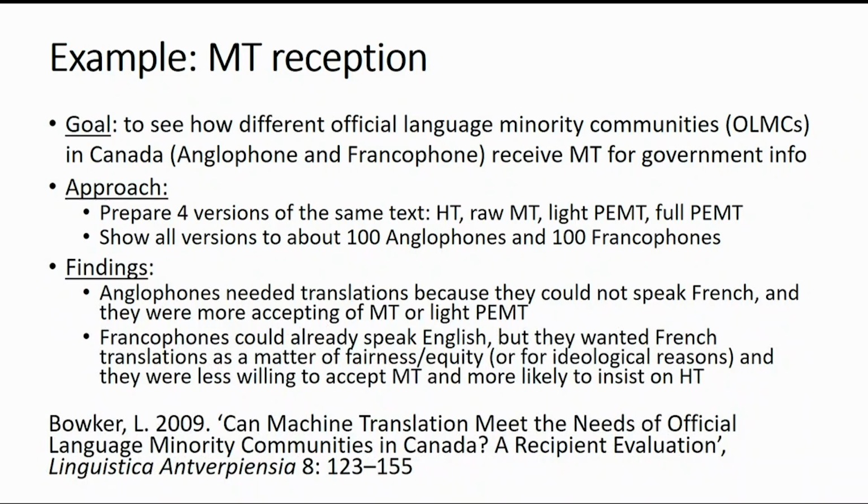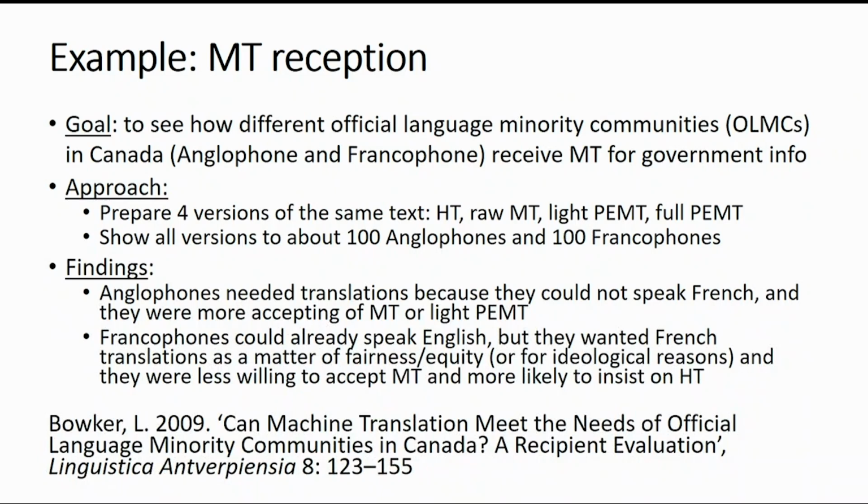In fact, I gave them 4 different options. They had human translations, raw machine translation that was completely unedited, machine translation lightly edited to correct errors but not to improve the style, and then a fully post-edited version, which tried to achieve a level comparable to a human translation.